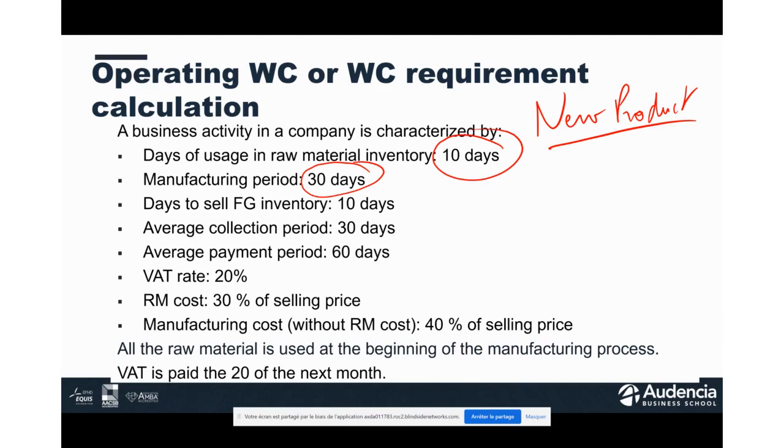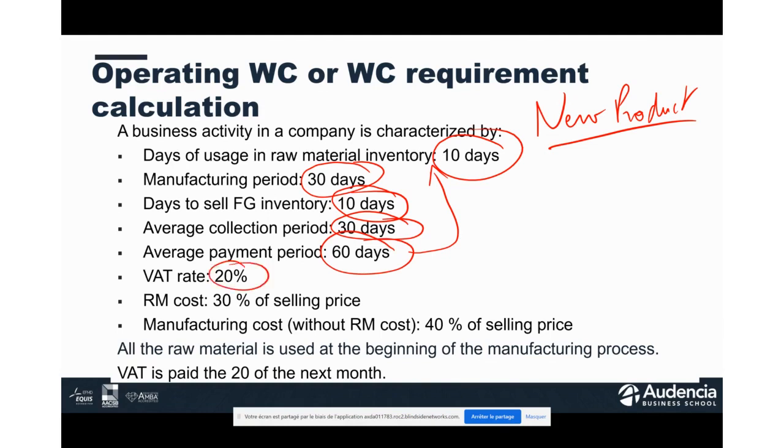After it's produced, we keep the product in general during 10 days before selling it. When we sell it, we wait 30 days before receiving the cash from the customers. And for the raw material, we pay the suppliers after 60 days. We have a VAT rate of 20% here.